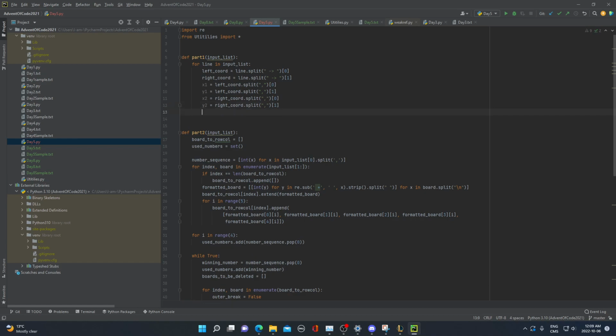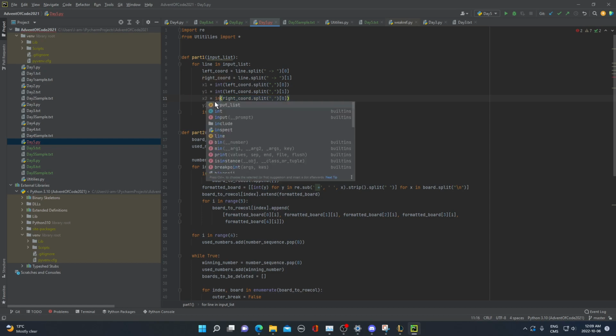Okay. Now if x1, and how about if we just convert this to an integer? Just so it's easier, because now we actually have the individual values.